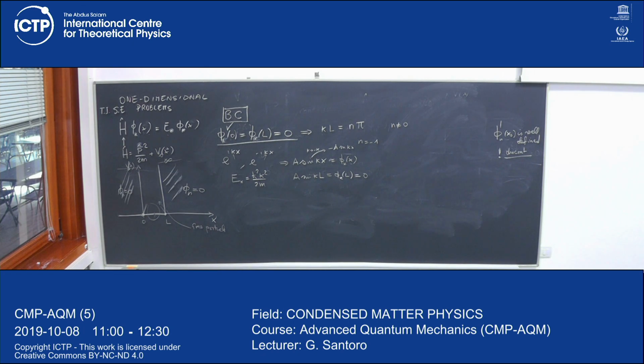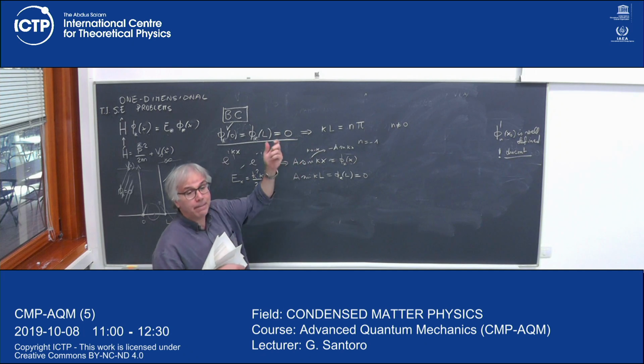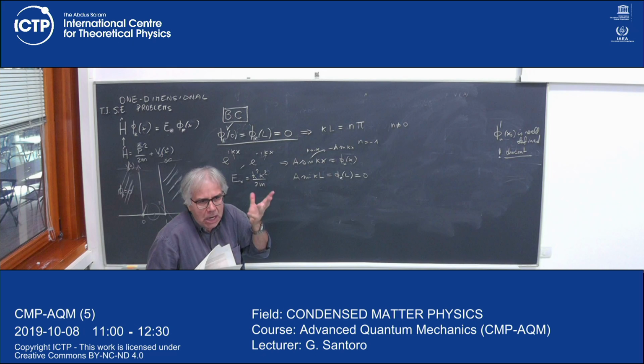There are cases where phases can bring interference phenomena, so you should not always be so careless with phase factors. But in this case, I'm looking for functions that are eigenfunctions, and obviously the factor that I put in front should be such that the function is normalizable, but I could even multiply it by i. It doesn't matter, okay?